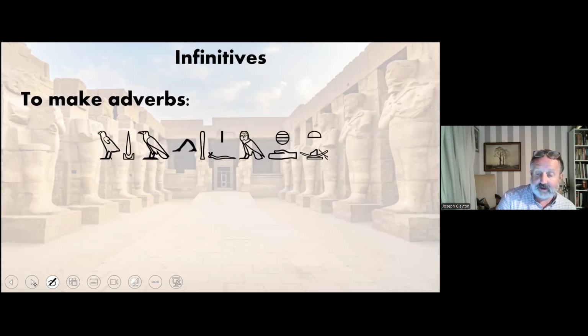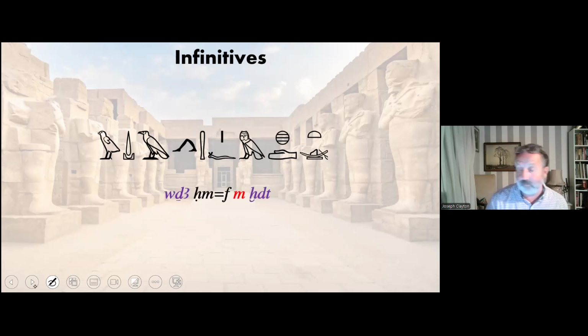Right, infinitives to make adverbs. See, again, we've got the same thing as well. This is a title from the Stele of Sebek, who we did last time. So we've got legs marking the end of the thing, His Majesty again, then with M again, this thing, headet. The verb is heady. It's got a T on the end, so it's going to be an infinitive.